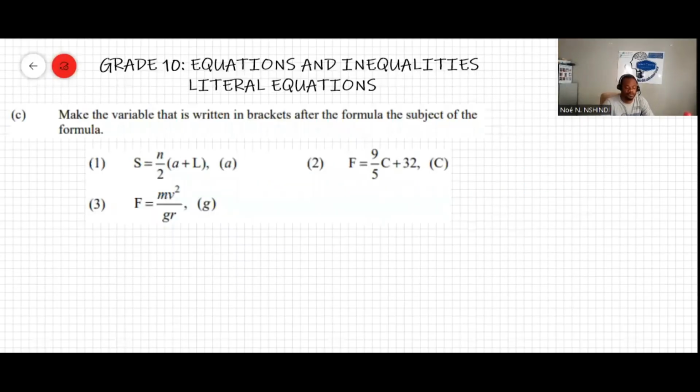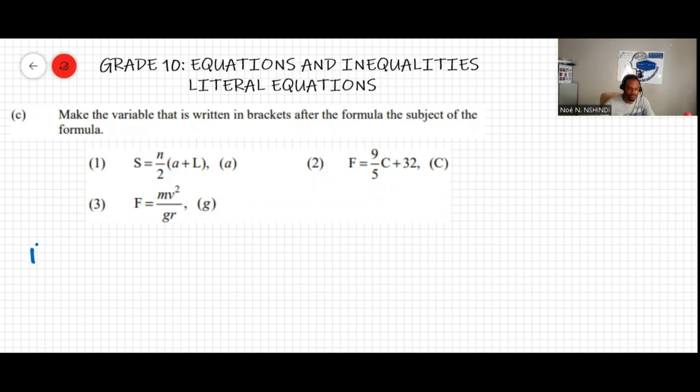Well, we have another question here. Question C. The question says make the variable that is written in brackets after the formula the subject of the formula. Now, the variable here is A. We need to make it the subject of the formula. The equation is there.